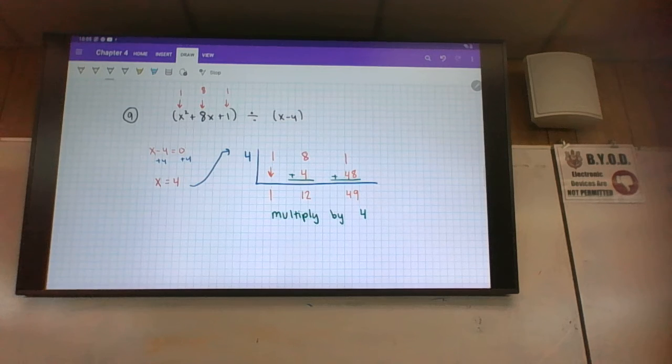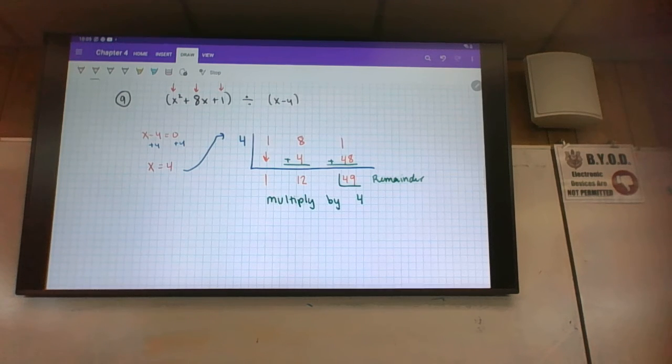So you're still getting the same answer you get if you did long division? It's just an easier way. You just can't do this until you figure out the number.